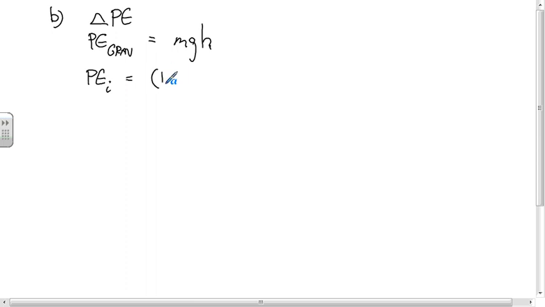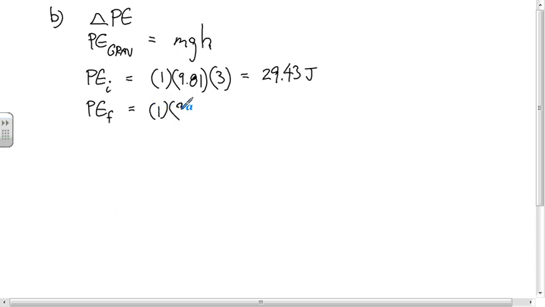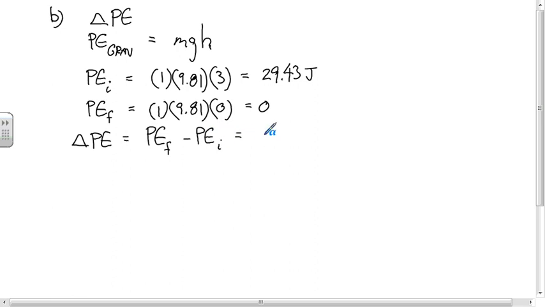So the initial is 1 kilogram times 9.81 times 3, so 29.43 joules. The final is 1 times 9.81 times 0, so 0. And so the change in potential energy is the final minus the initial, so negative 29.43.